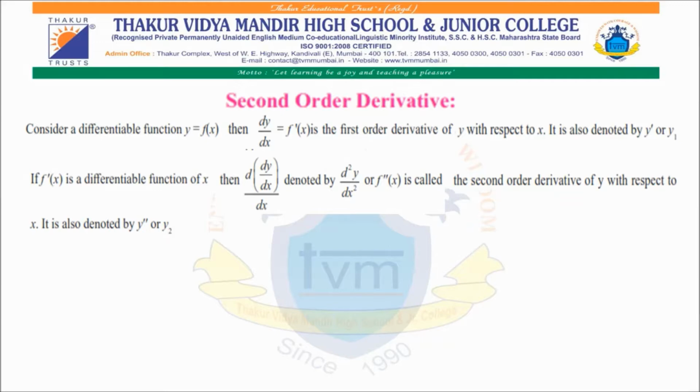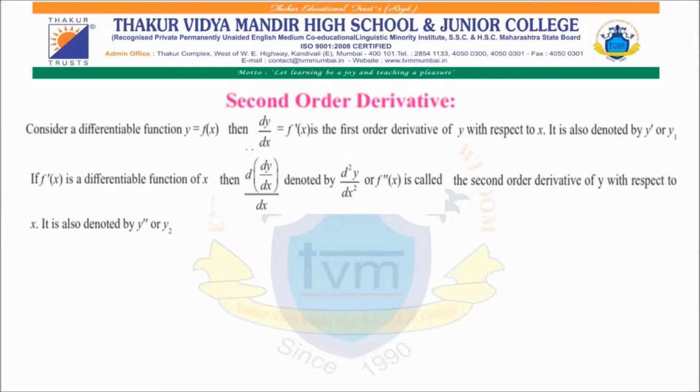Let's see. Consider a differentiable function y equals f of x, then dy by dx equals f dash x. This is the first order derivative. If we differentiate this again, then we get d by dx of dy by dx equals d by dx of f dash x.